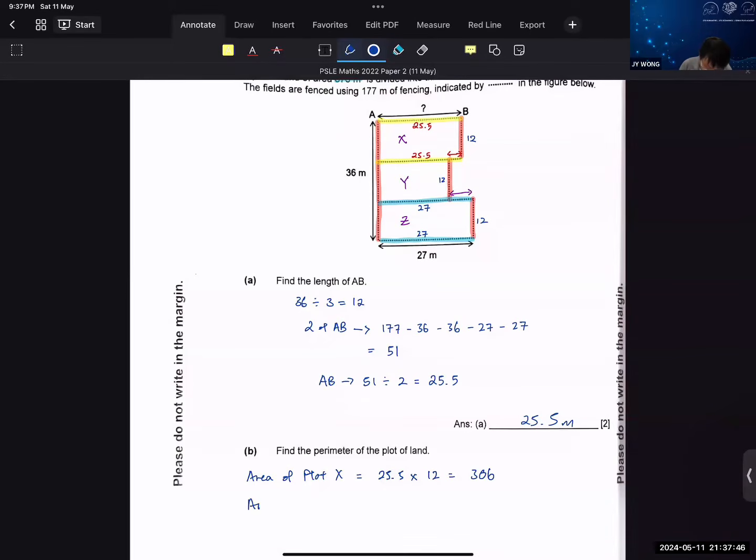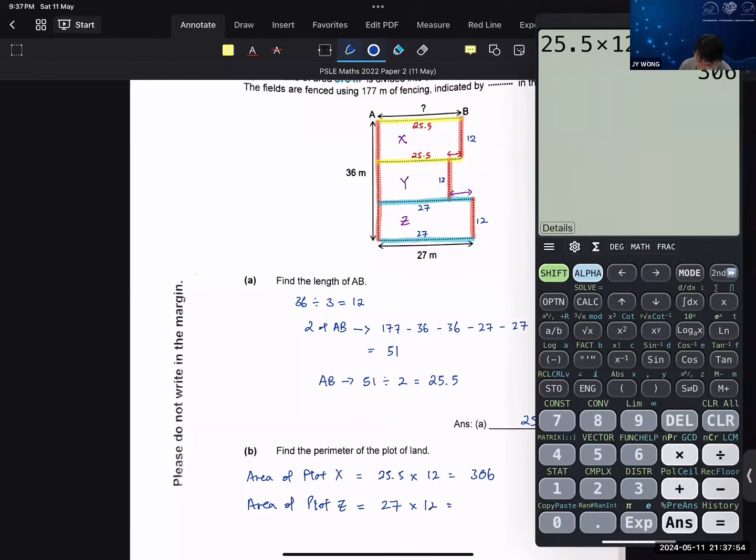Then you have the area of plot Z, because again, you know your length. So 27 times 12 to give me 324.